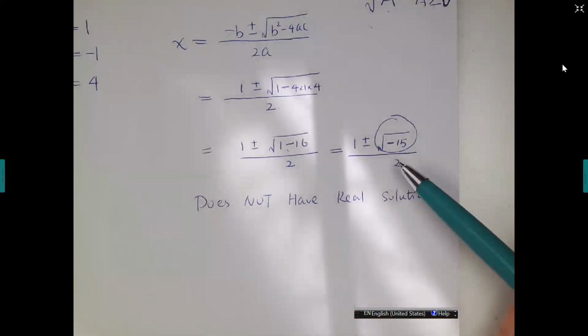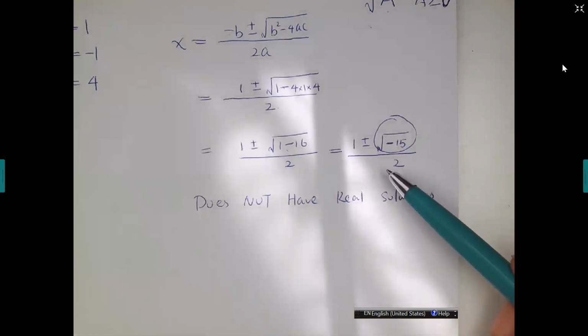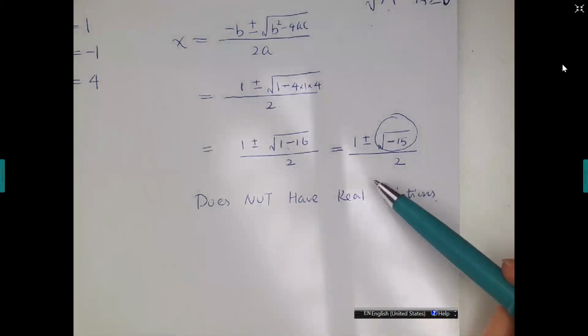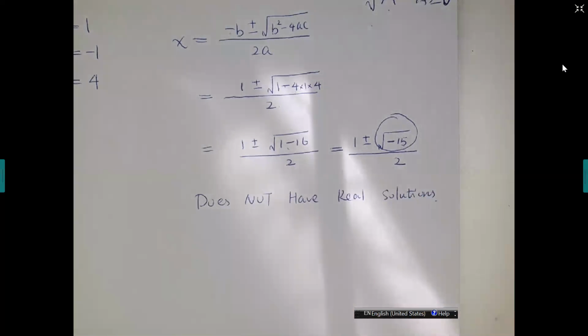When you move on to a higher level math class, probably if you're in the STEM field, you will take the technical math 1 or 2. In the higher level math, you'll learn another type of number. In algebra, we have been dealing with real numbers. In higher level math, you'll see another type of number called imaginary numbers.